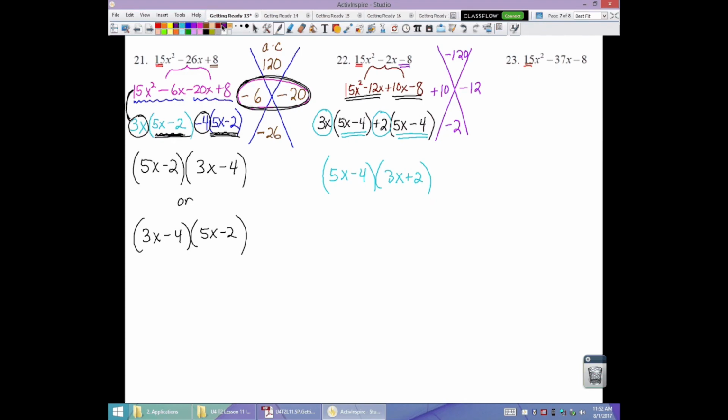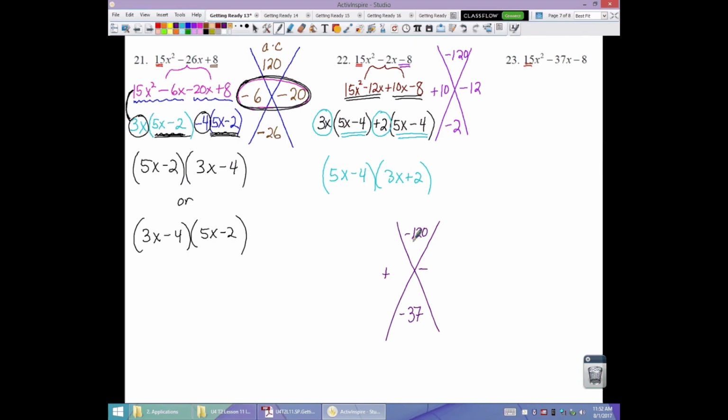And number 23, working with this 120 one more time. Let me move down here for my magic x. 15 times negative 8 is negative 120 again, meaning I will need factors with different signs. This time I want them to have a sum of negative 37. Now that feels like it's going to be much, much tougher, but if you're systematically going through factors of 120, you'll hit it pretty quickly.